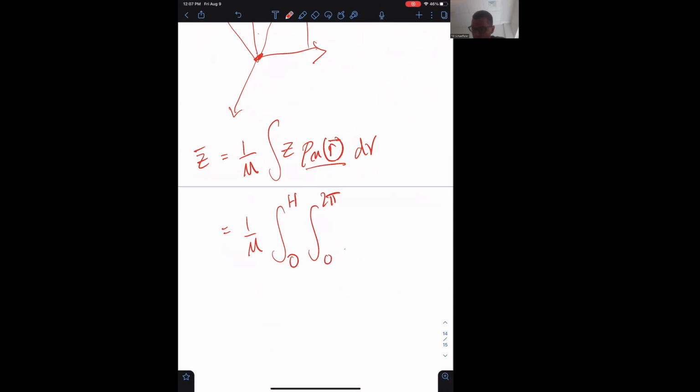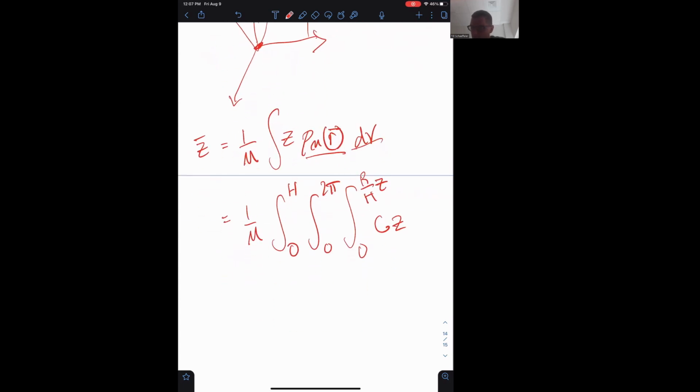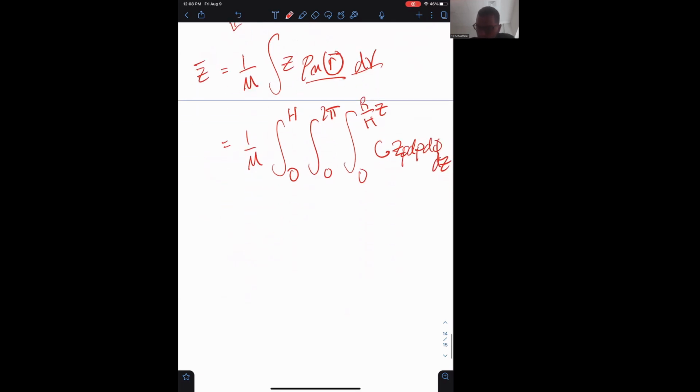The rho gives us a c, and then there's a z from the formula, and then this is going to give us rho d rho d phi dz. There's no phi dependence, so we can do the phi integral easily again.